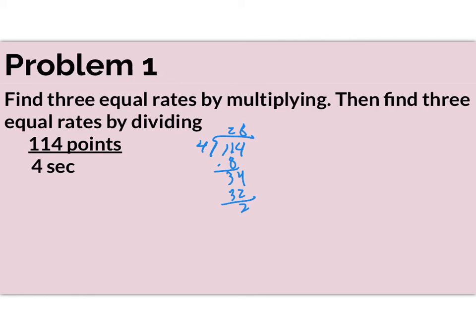You get 2 left over. So your answer is 28 and 2/4. Oh, look at that, 2 and 4 are even. Divide by 2, we get a half. You get 28 and 1/2 points every 1 second.